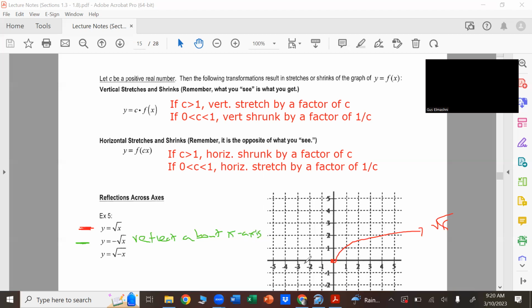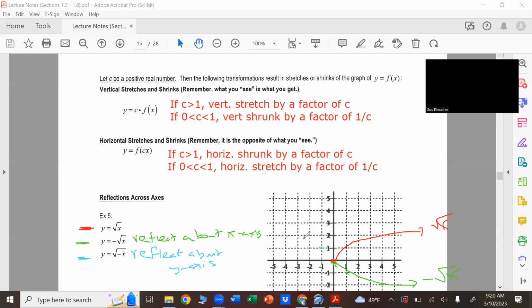So it's going to look like this. Negative root x. And I'll do this in light blue. You can reflect about the y-axis when it's on the inside. So it's going to look like this.